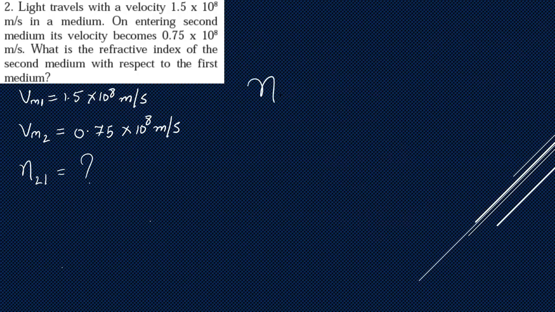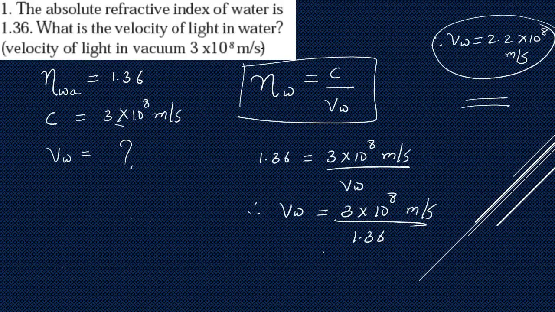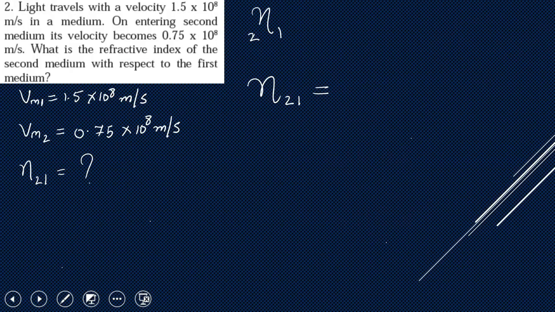We know refractive index of medium 2 with respect to 1 is equal to, now again, some students may get confused, because it might happen that your textbook has given refractive index of 2 with respect to 1 in a different form. Okay, it's one and the same thing, can be used in an interchangeable form. 2 with respect to 1 is equal to velocity of light in 1 upon velocity of light in 2.